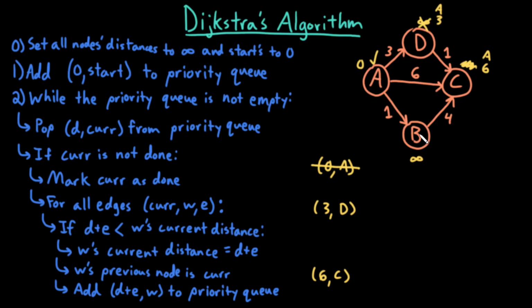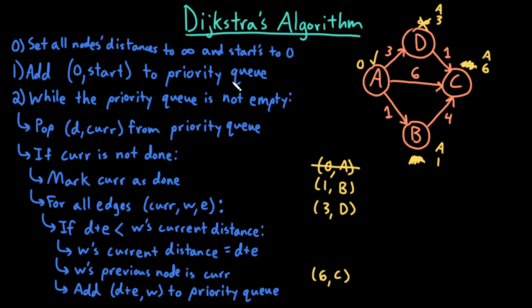The current distance of W, so the current distance of B, is D plus E. So the current distance of B is 0 plus 1. B's previous node is the current node. Okay, so B's previous node is A. And now I add D plus E, 0 plus 1, which is 1, so 1, comma, B.